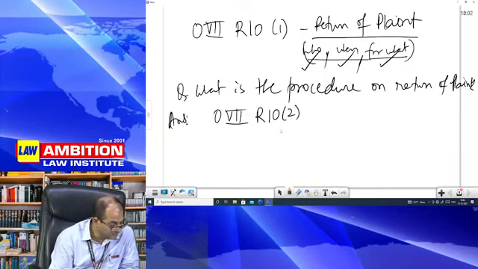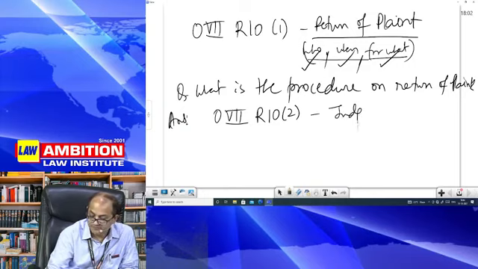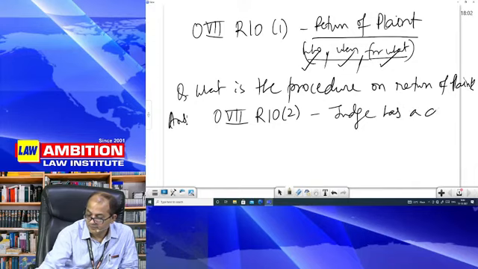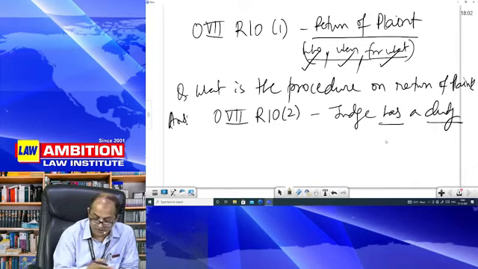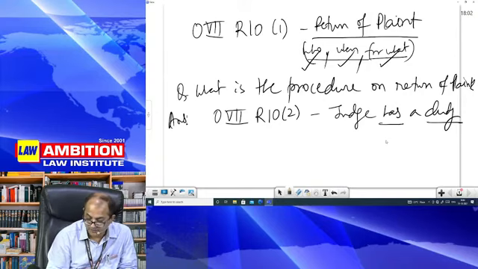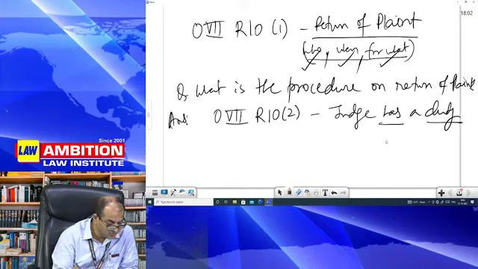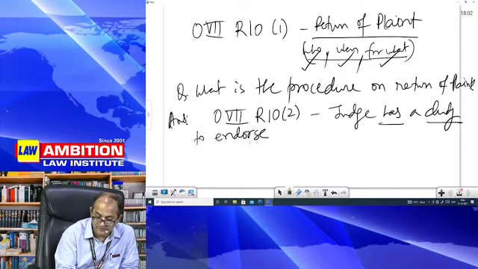It says, on returning a plaint, the judge shall endorse. So the judge has a duty. Law has to be written in your own language. You should not copy the language of the bare provision. The judge has a duty to endorse. Endorse means he has to write basically.